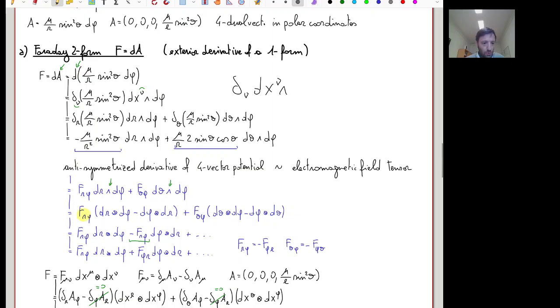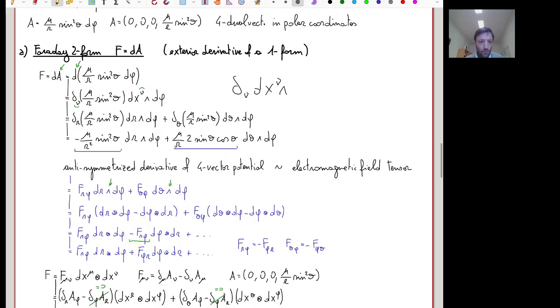Then what we do now, I'm just working out this one because this guy is identical. If I just work out this term, we just have this one minus this one, which is that. Then we know that we can express this as F mu nu times dx mu dx nu, right? It means that this guy is the coefficient F theta r.